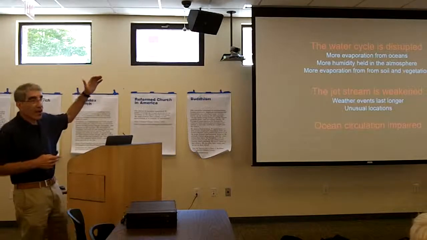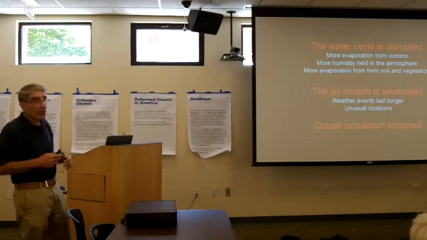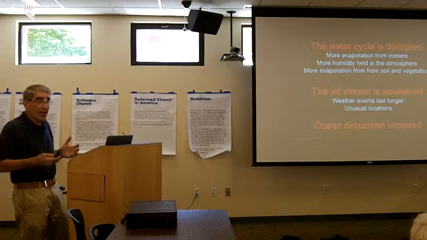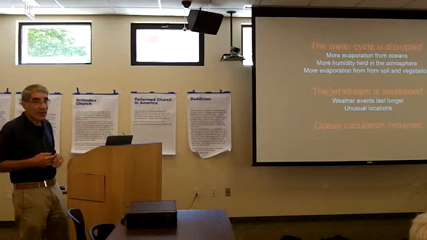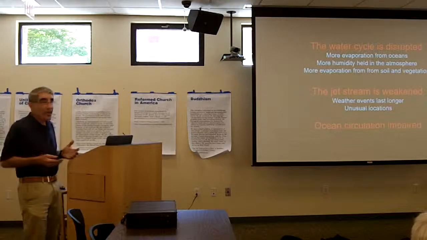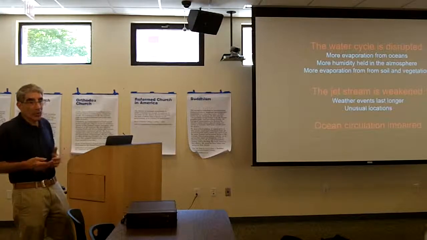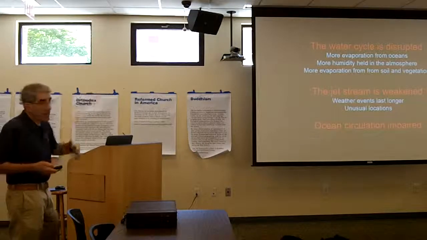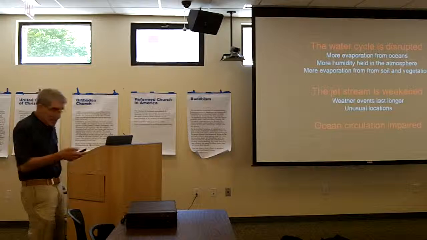That's why we're getting Arctic vortexes with Arctic temperatures going as far south as the Carolinas, which we had last winter, while we had 70-degree temperatures in Alaska. So what we're seeing is weather patterns lasting longer and occurring in very unusual locations. And then ocean circulation is also impaired for the same reason. It's powered in part by the gradient in temperature.